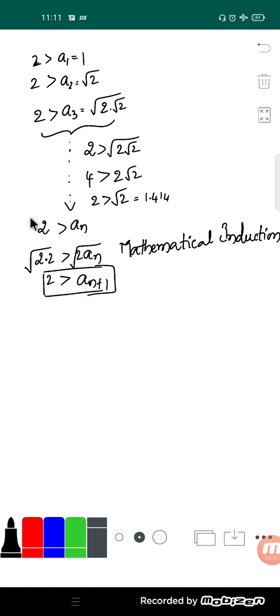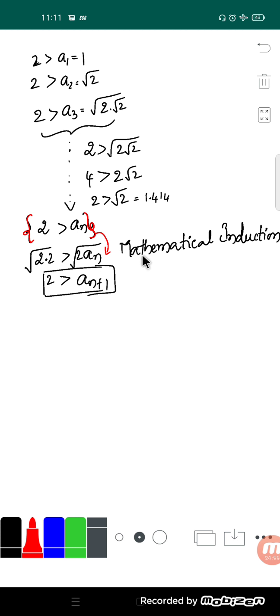You assume the statement for any general term, then prove it is true for the next term also, so the pattern continues.